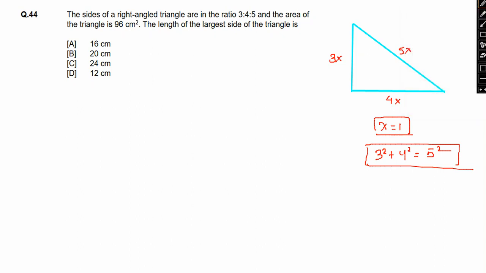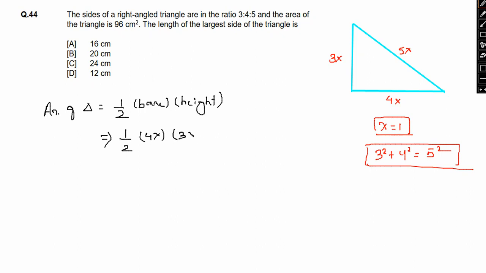So we know the area of a triangle is given as half base into height. Okay, so therefore half, base would be, say, 4x is my base and height be 3x, is equal to 96.